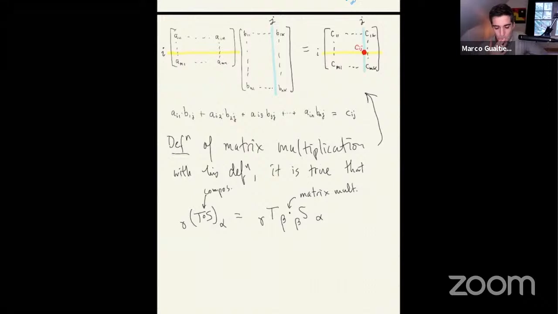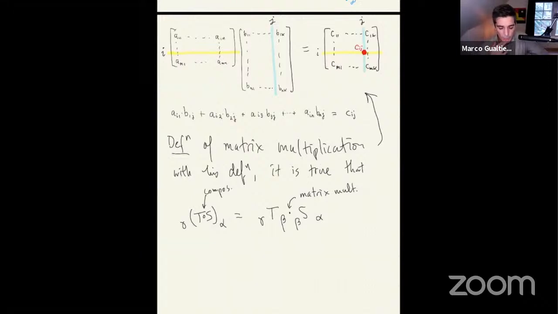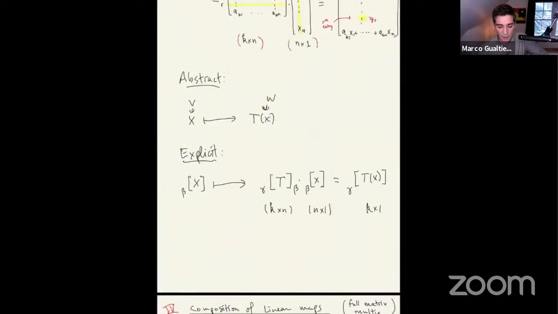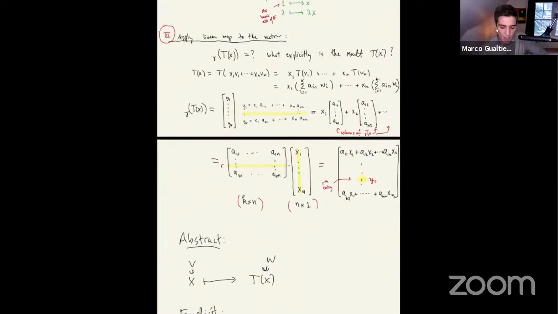So you should get used to this. Now we've introduced a new type of algebra where you can have matrices being multiplied against matrices. And the application of a matrix to a vector is just a special case where the matrix happens to be n by 1.